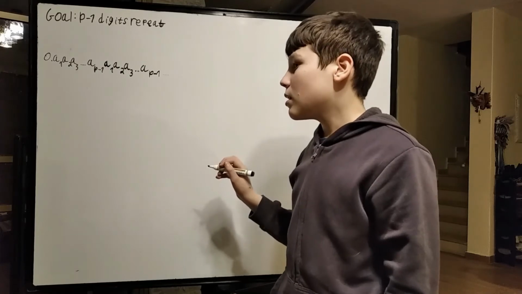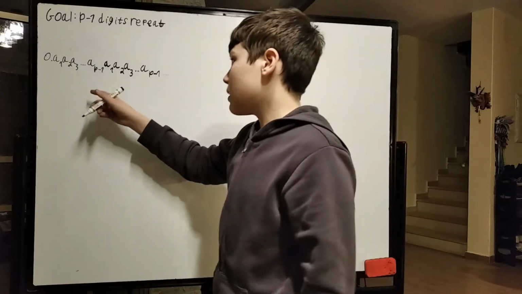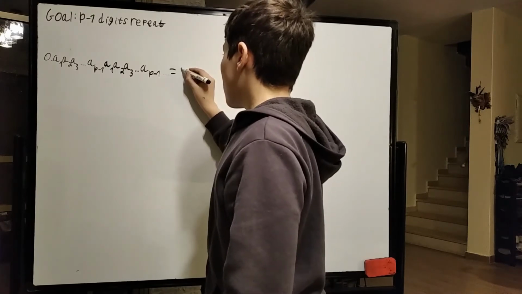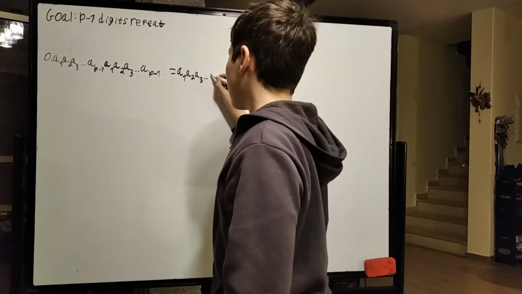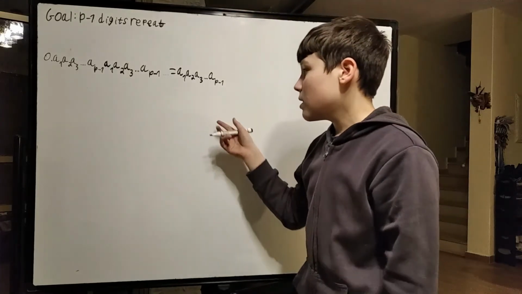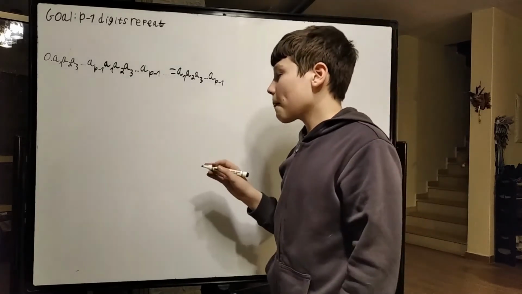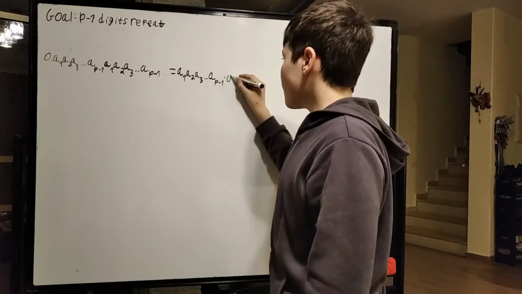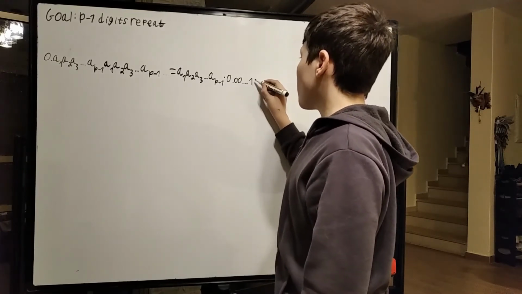Now what we will do is take out a1, a2, a3, and so on until a(p minus 1) out of this. So we'll have this a1, a2, a3, and so on until a(p minus 1). And just to clarify, I'm not multiplying; these are just digits of a number with p minus 1 digits. So this will be times what we have left: 0.00, then a bunch of zeros, till we have a 1.